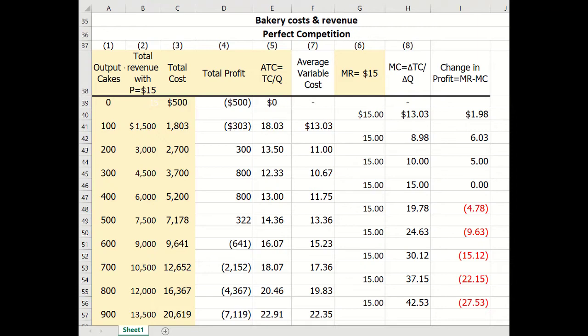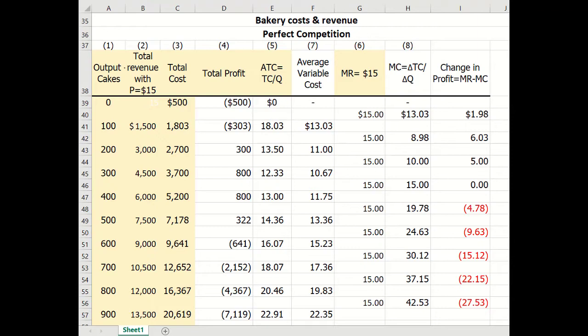So I've built a table here with the relevant costs and revenues associated with it. Notice revenues this time are brought into it because we have a price. The first column, like I said, is output of cakes. It goes from 0 to 900. Our total revenue comes with a price that's fixed at $15. So no matter how much this bakery sells, the price is set at $15.